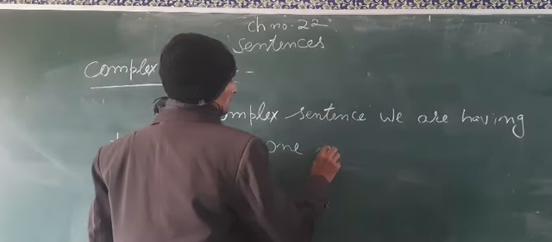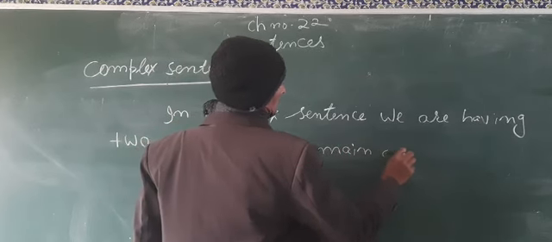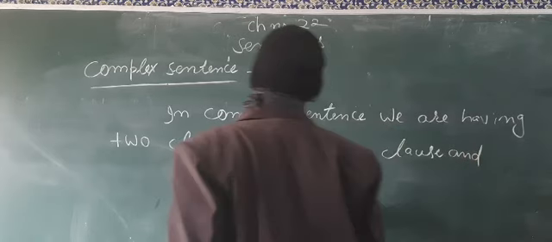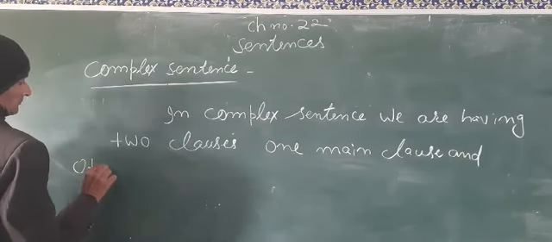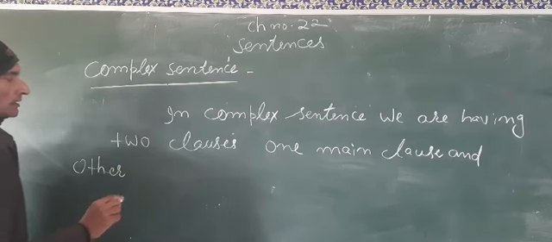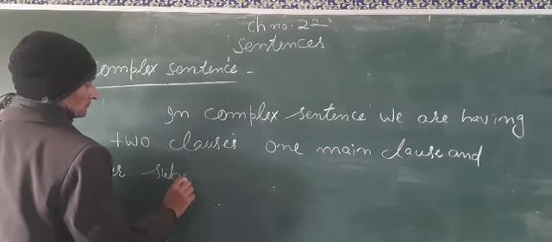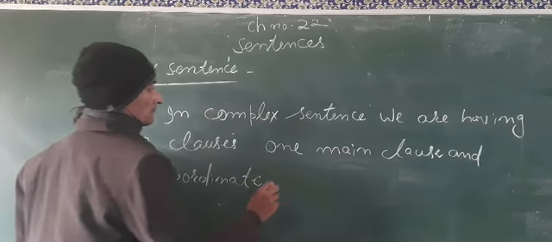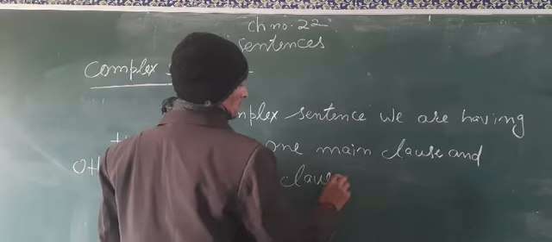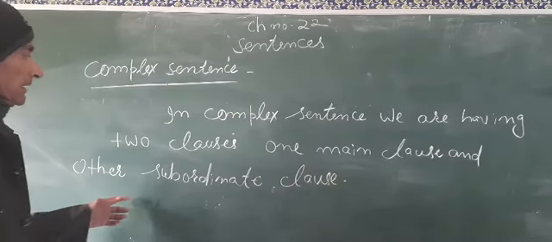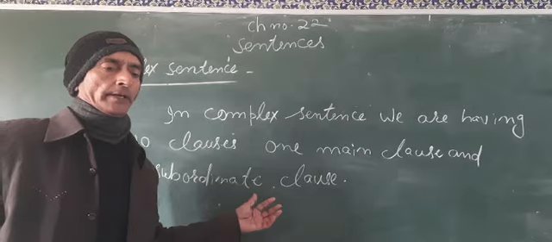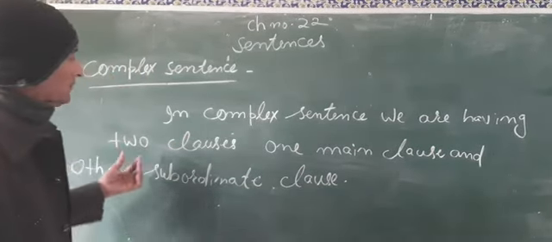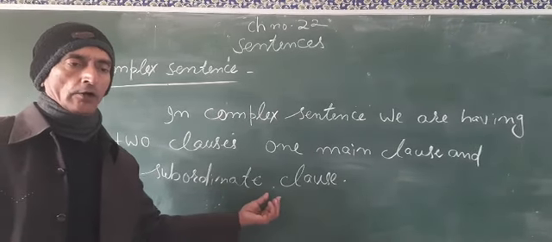One main clause and the other a subordinate clause. One main clause and another subordinate. The subordinate clause will be depending on the main clause. So without the main clause, the subordinate clause cannot stand alone in the sentence.